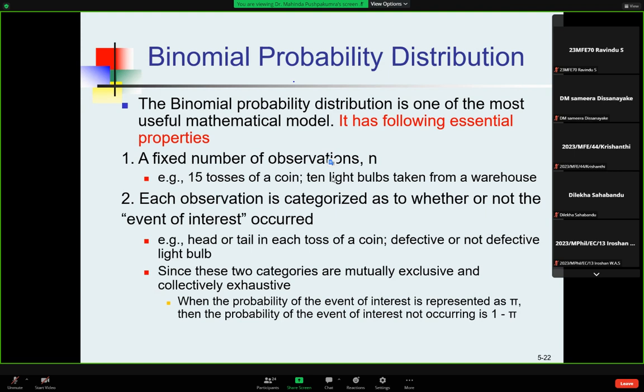And mutually exclusive means both head and tail can't occur simultaneously. Then since these two categories are mutually exclusive and collectively exhaustive, if the probability of the event of interest occurring is pi, then 1 minus pi is the probability of the event of interest not occurring.